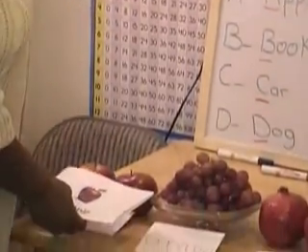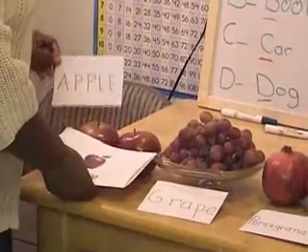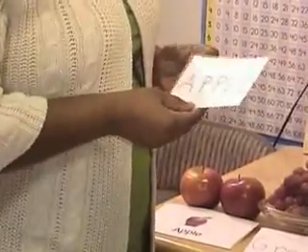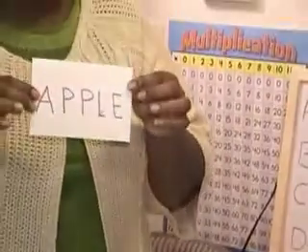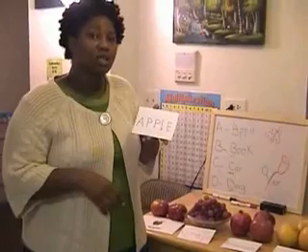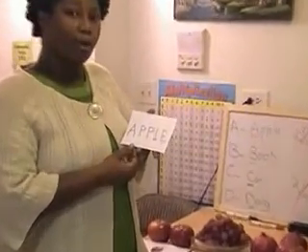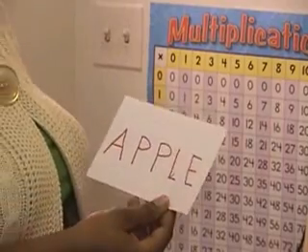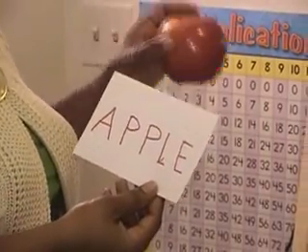Later, after the child understands and practices to spell it, I will just give them this card and ask them to read it, to see and assess if this child remembers and connects the word to the item that was earlier presented.